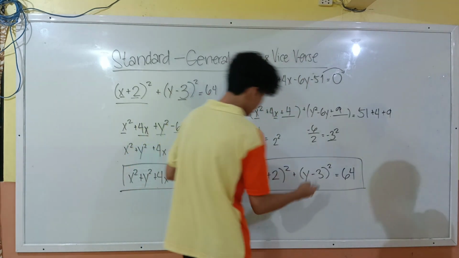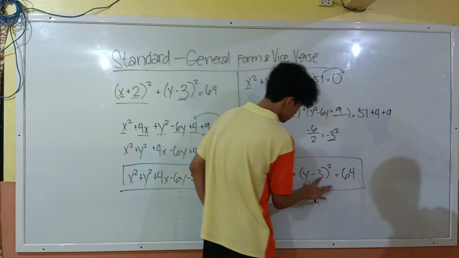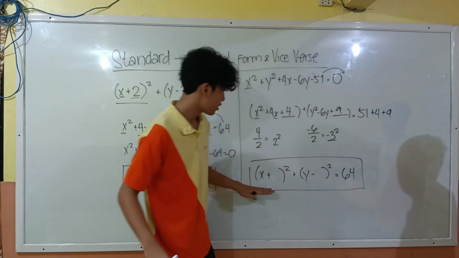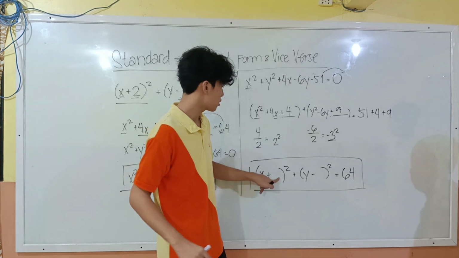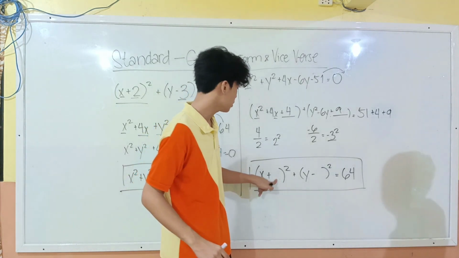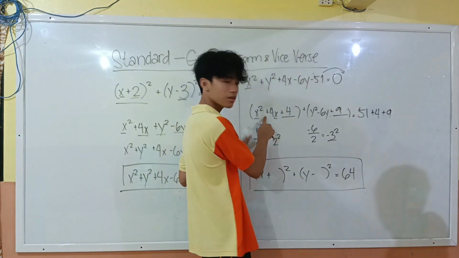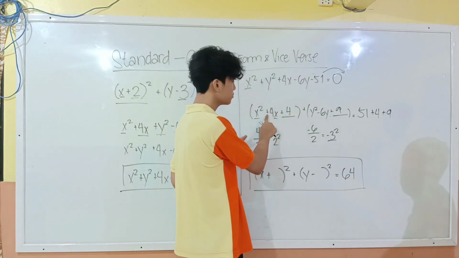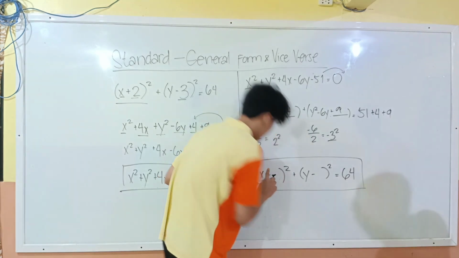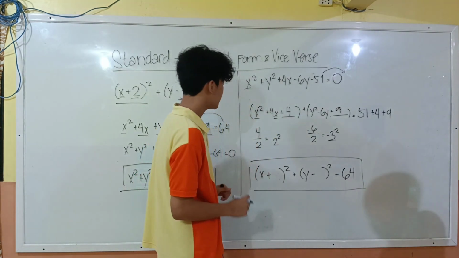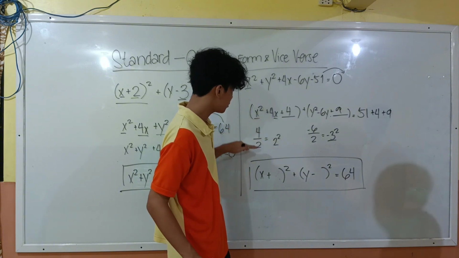Then, so we have this, right? To get the missing value or the variable missing right here, we will simply get the sign of the second term. So, in our case, this is positive. So, right here, positive. And then we get the value of 4 divided by 2.